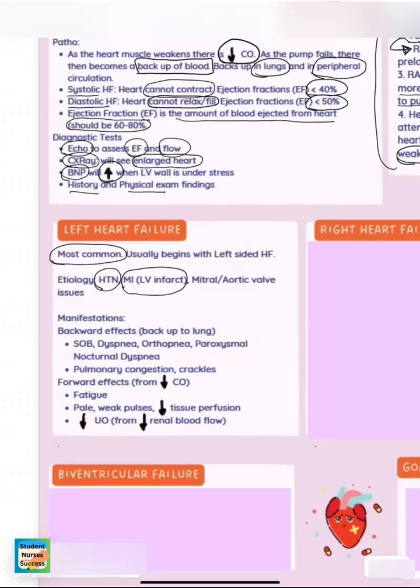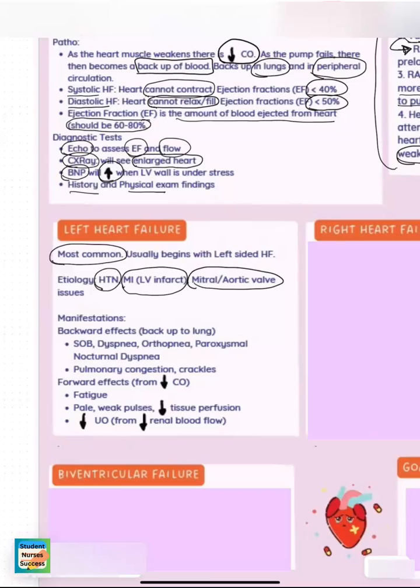Damage to the left side of the heart will weaken it because, as you remember, when a piece of the heart dies, it can no longer contract. We also know that mitral and aortic valve problems will lead to left-sided heart failure. As the mitral and aortic valves start to fail, blood starts to back up on the left side of the heart.